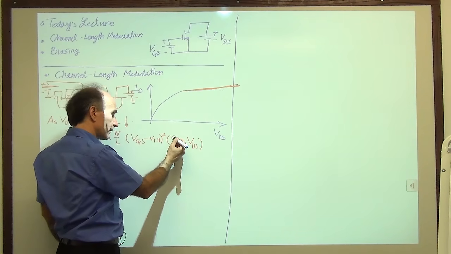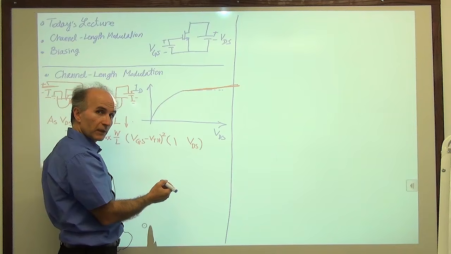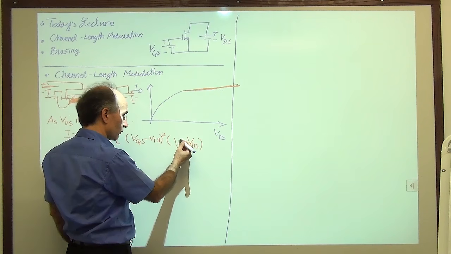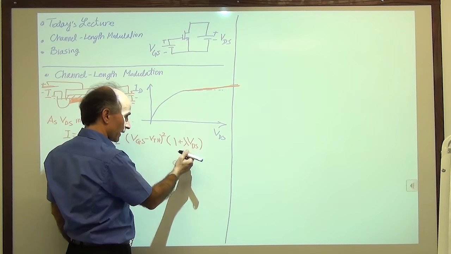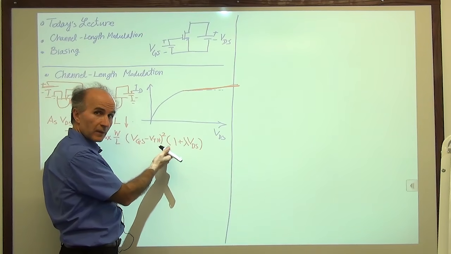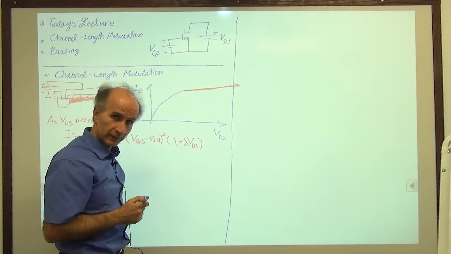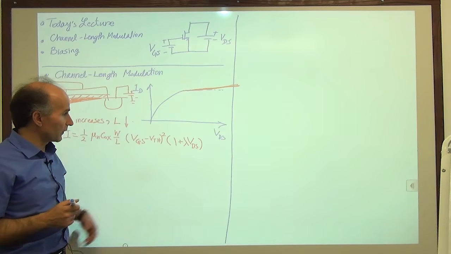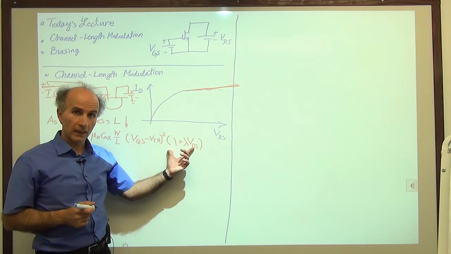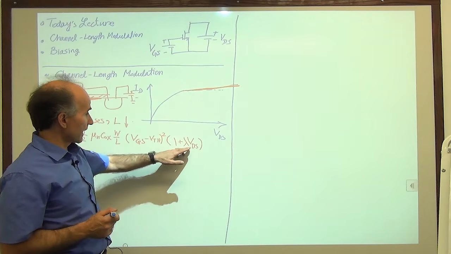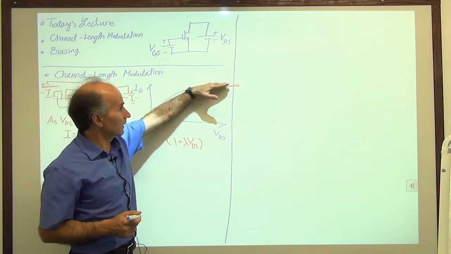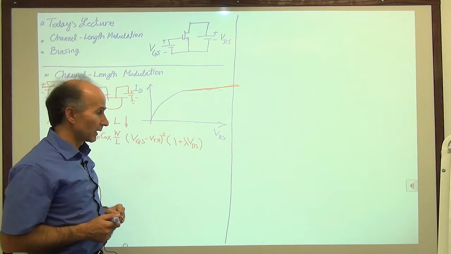So we have to add some constant to VDS, and then we have some sort of coefficient so that the units are right. This is 1, has no dimension. This has to have no dimension, so lambda is 1 over volt. So this correction factor tells us that, yes, as VDS increases, this begins to increase, right?